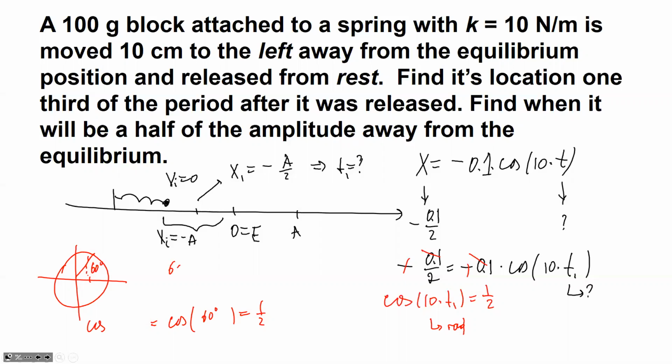Well, 60 equals 180 over 3, but 180 is equal to pi radians, so 60 is pi over 3. That means in order to make this work, 10 times this unknown should be equal to pi over 3 radians. So this instant should be equal to pi over 30 seconds.